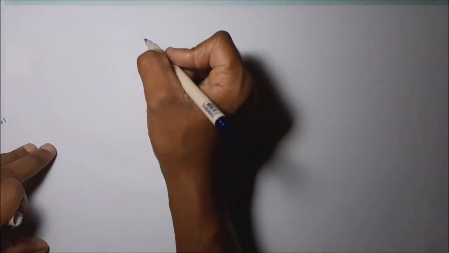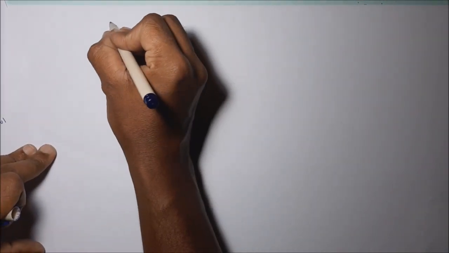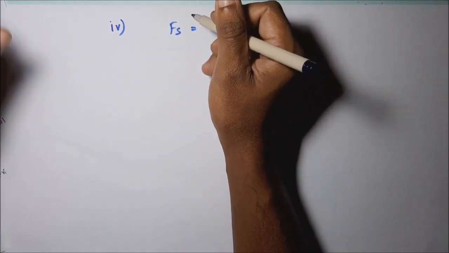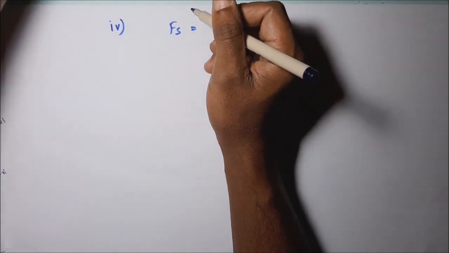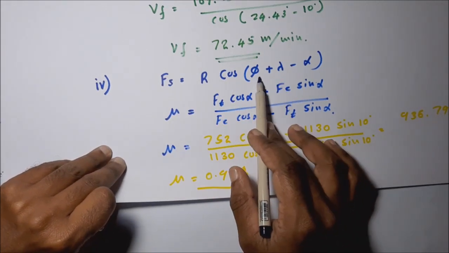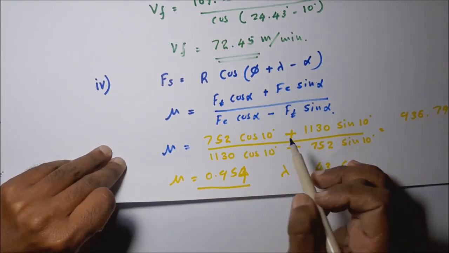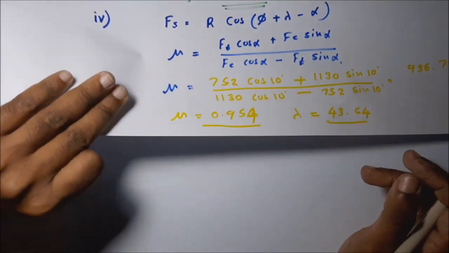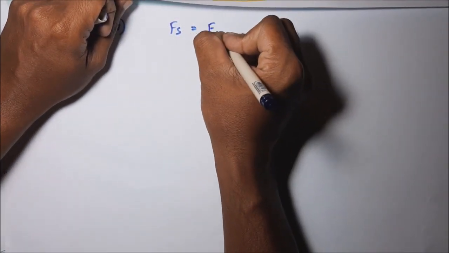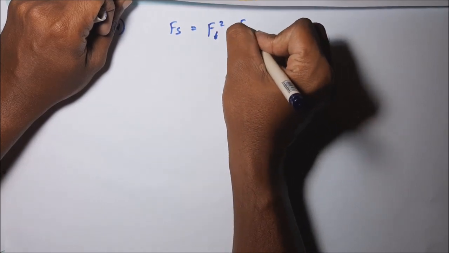Okay, for the Fs we can calculate the force part. Fs is equal to R cos(phi plus lambda minus alpha). Lambda we have obtained. What is R? R means the square root of Ft square plus Fc square.